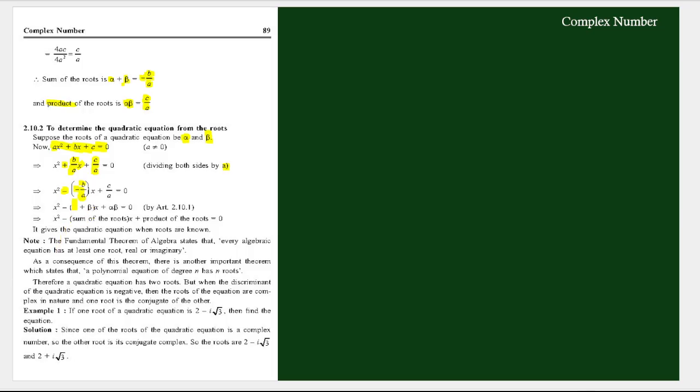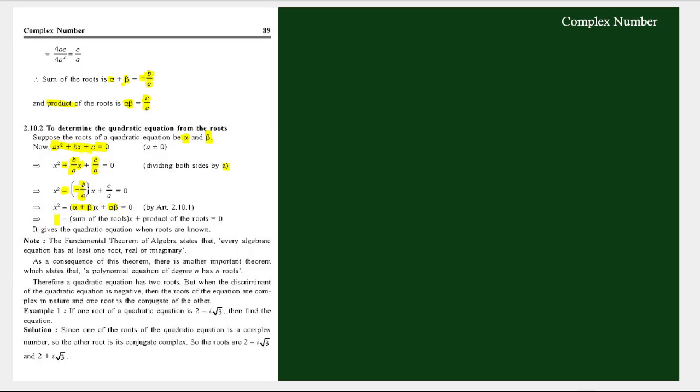Now you see, minus b by a is nothing but alpha plus beta, that means the sum of the roots, and c by a is nothing but alpha beta, which is the product of the roots.